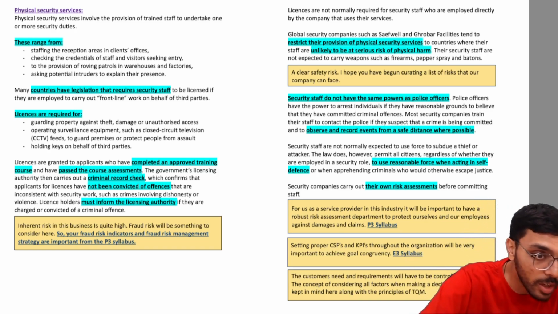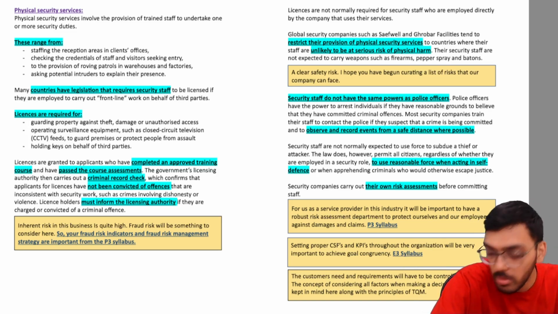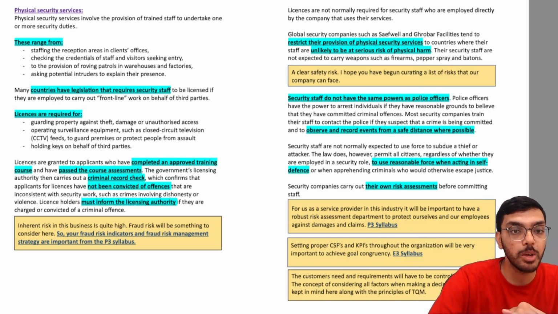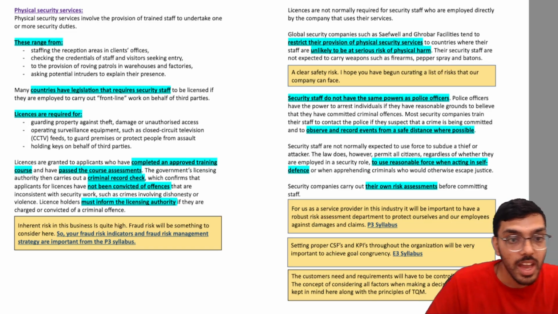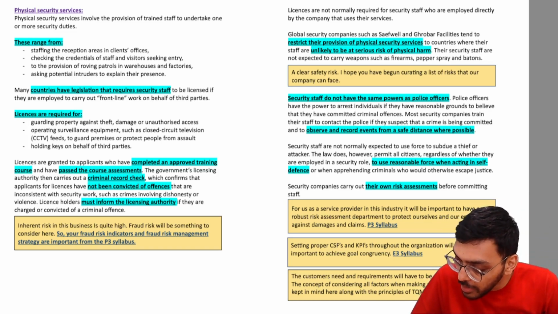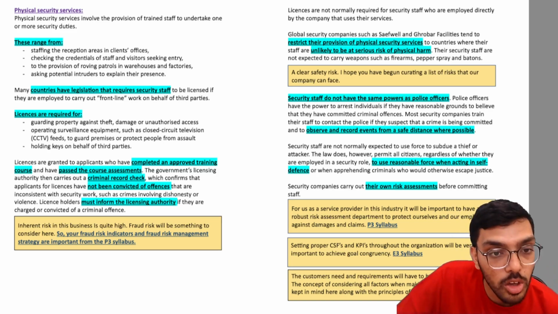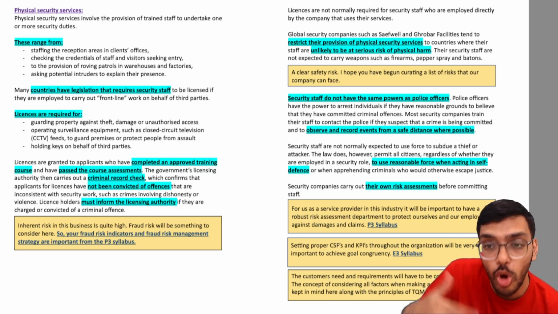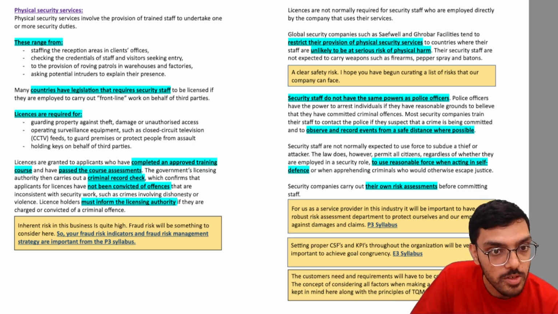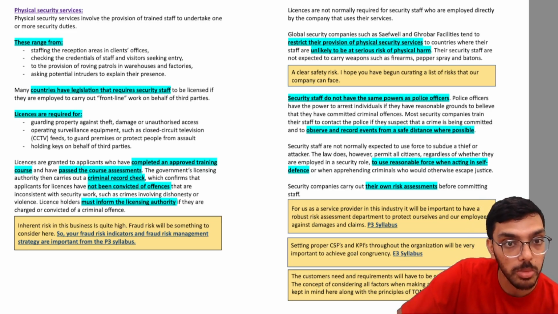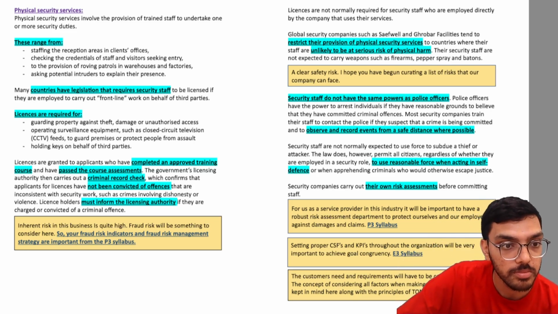So licenses are required for guarding property, operating surveillance equipment like your CCTVs, and holding keys on behalf of third parties. All of these are jobs which require licenses. You just can't have any person do this job. There are government rules as well.